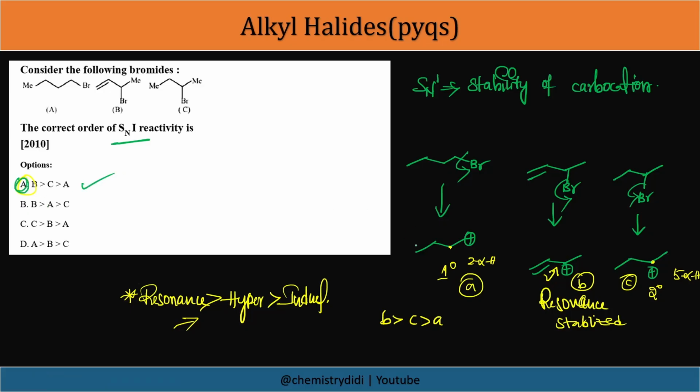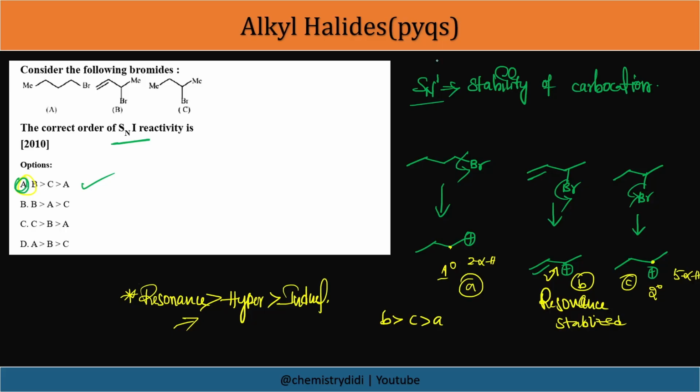So I hope you have understood and got clarity regarding SN1 and SN2, which is a really important topic in this particular chapter and overall organic chemistry, because they will ask so many questions based on SN1 and SN2. So you need to have a clear idea about these mechanisms, these nucleophilic substitution reactions.